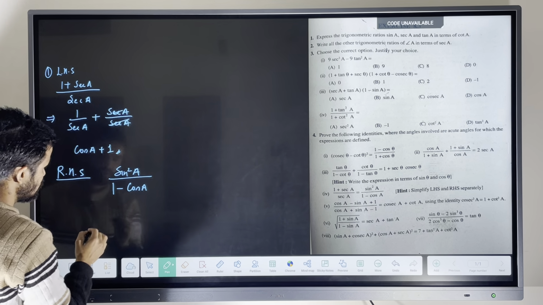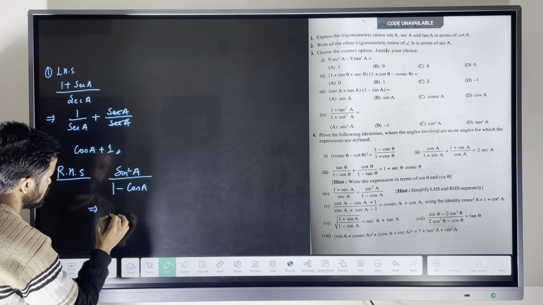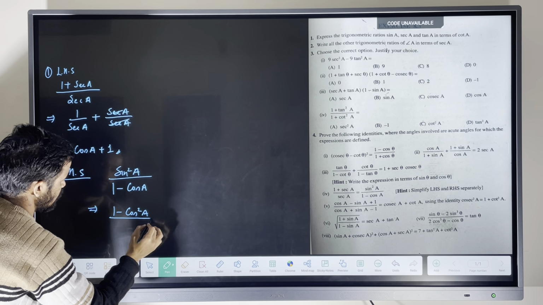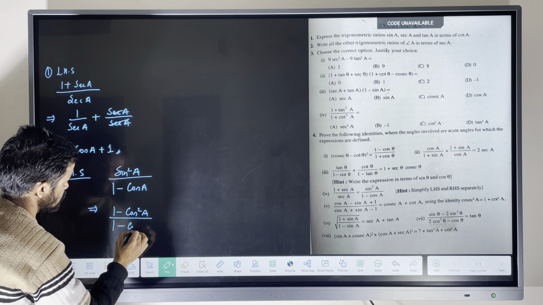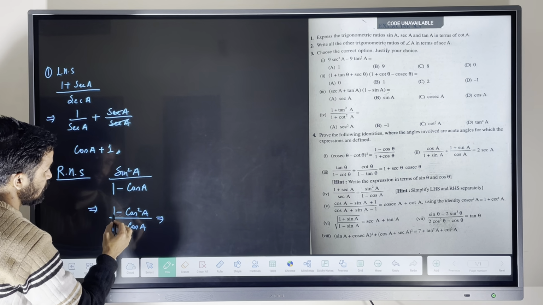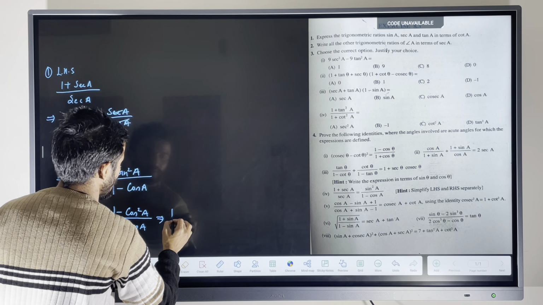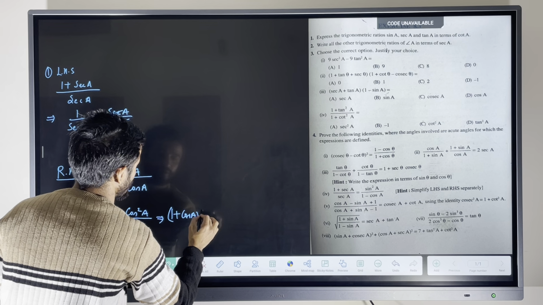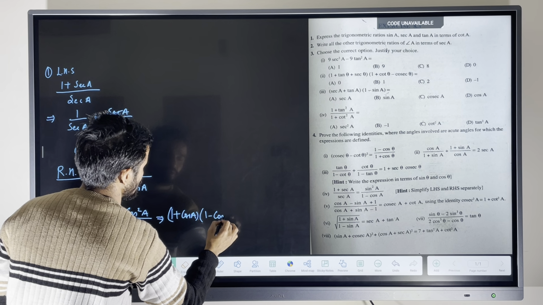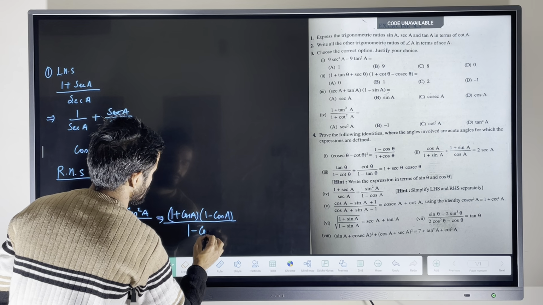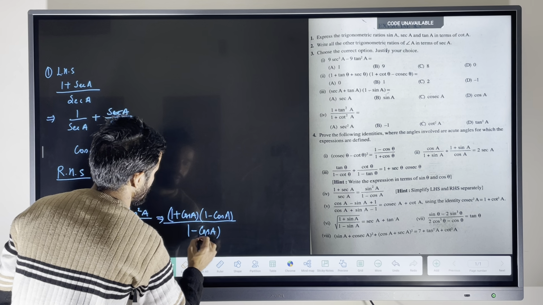Now sin and cos have relations. We know that sin square a is 1 minus cos square a, upon 1 minus cos a. Again here we have the identity a square minus b square, so it will be (a plus b) into (a minus b) upon 1 minus cos a.